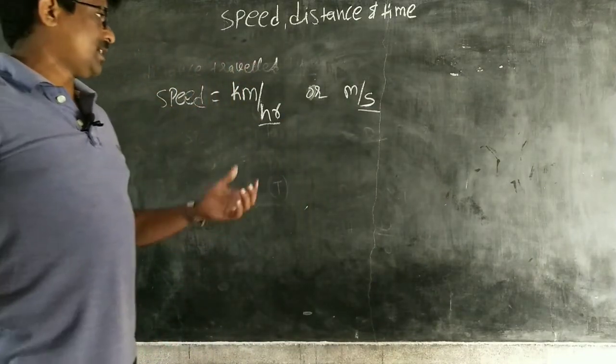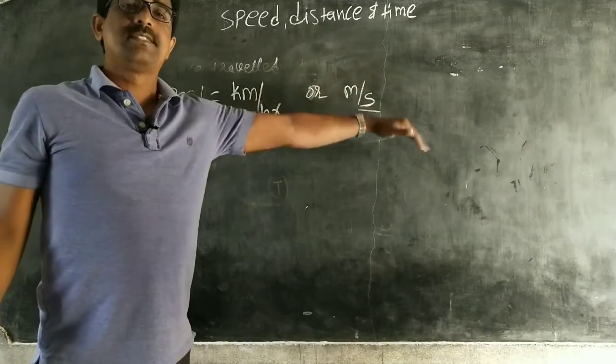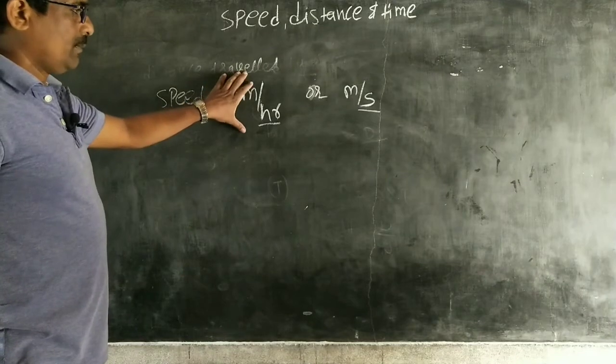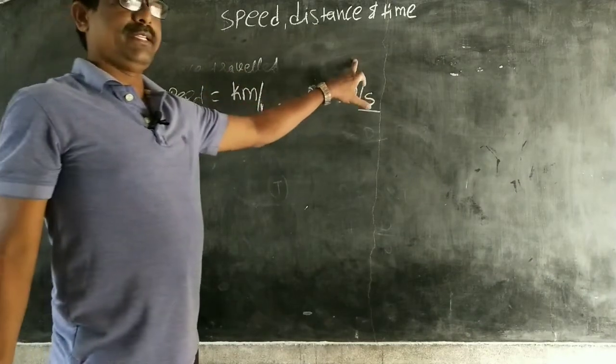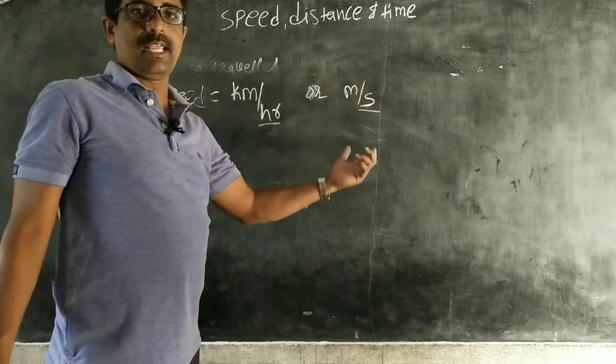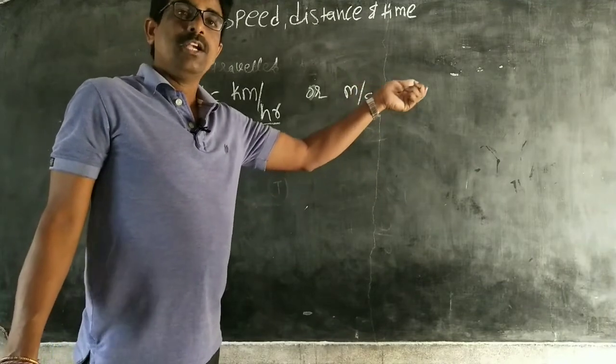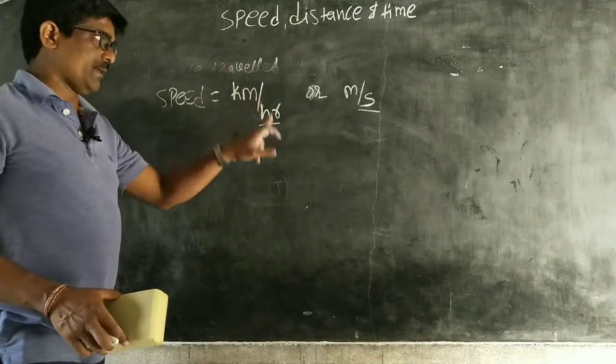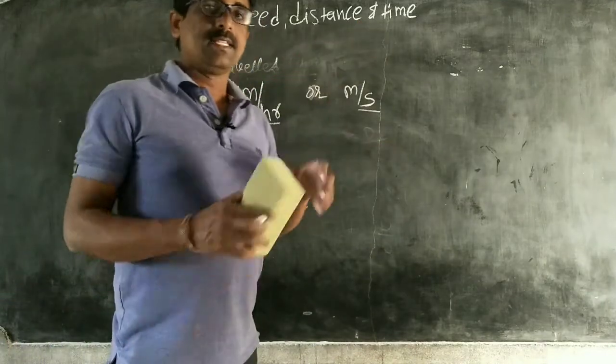In international standards we use hours or seconds only. So speed is in kilometers per hour or meters per second. These are the major units of speed we use.